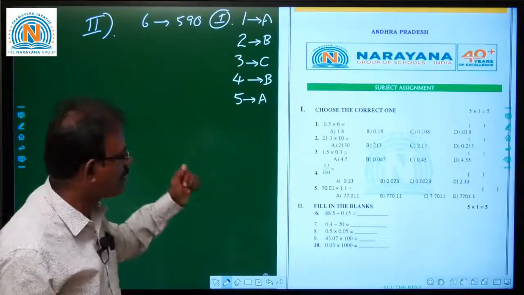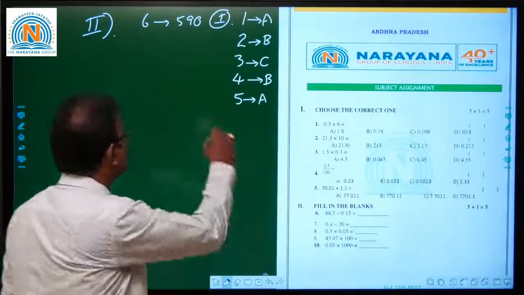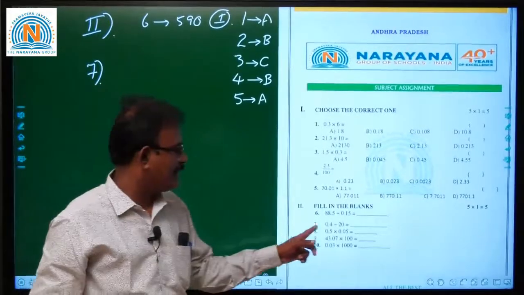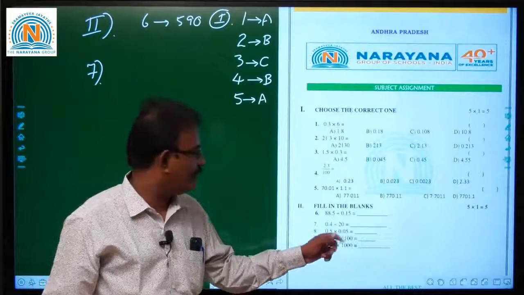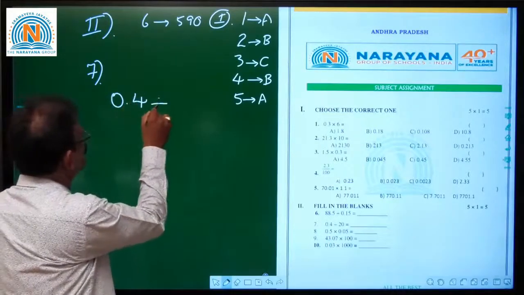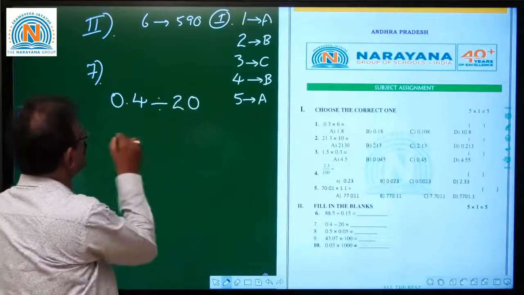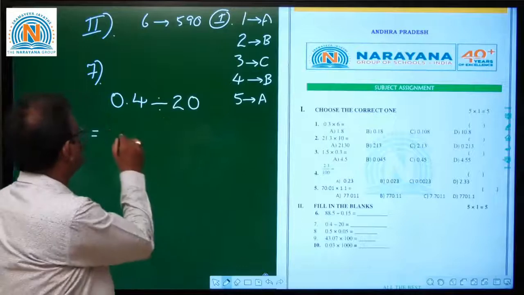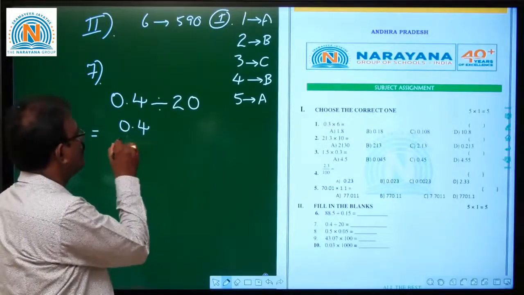So our next question is question number 7. Question number 7 is 0.4 divided by 20. Let us write this expression also in numerator-denominator form.